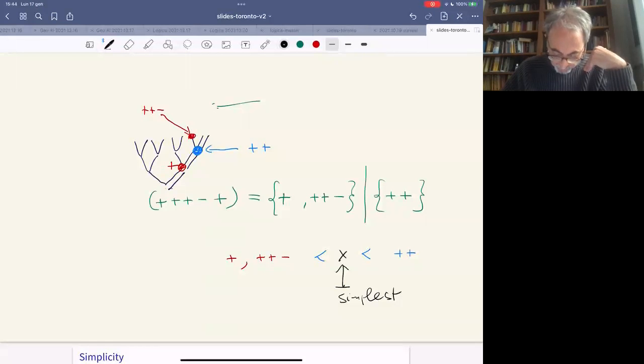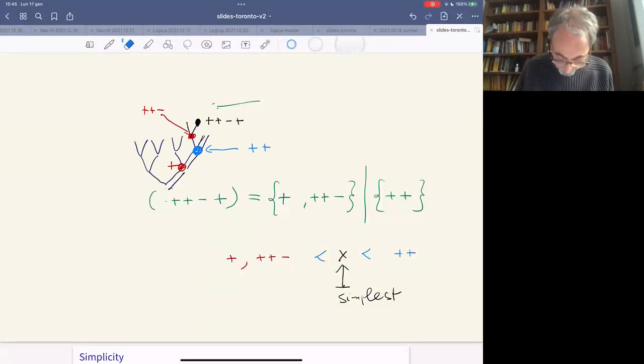I need to take this one. So it's plus, plus, minus, plus.